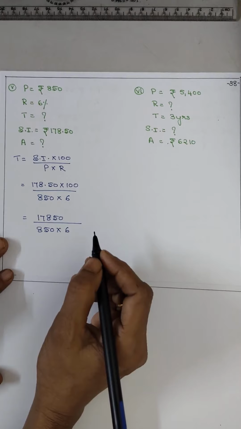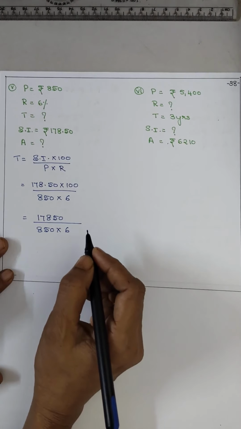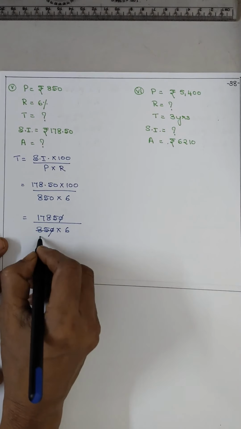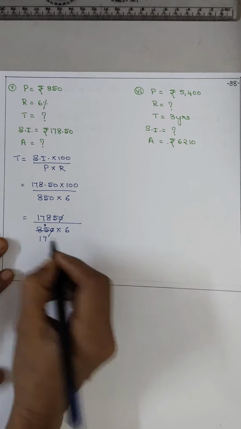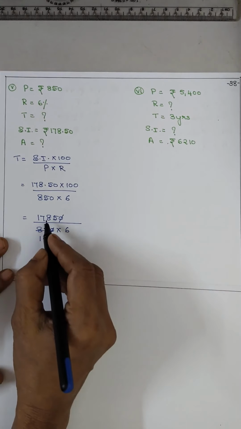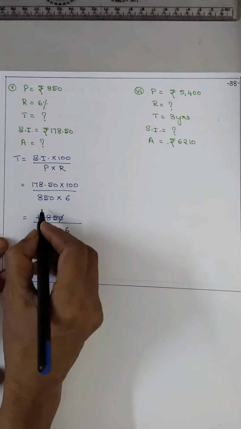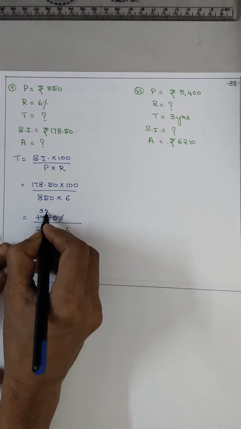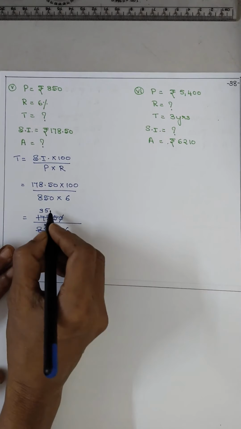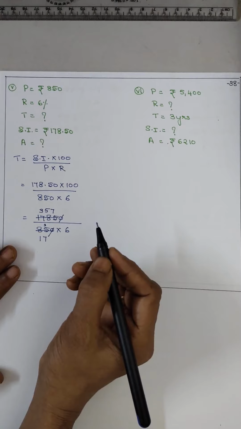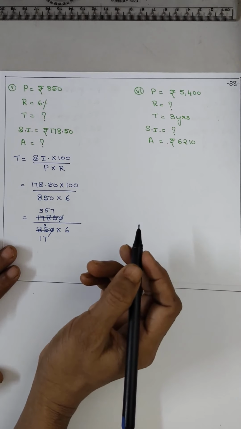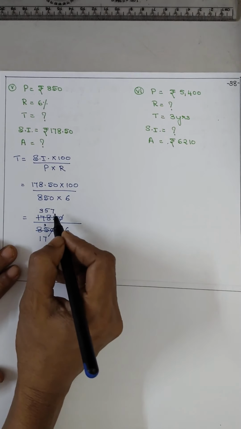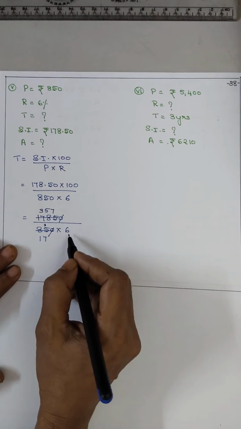Now this is a 0 0 cut. In the table of 5, 5 1s are 5, 3 remains, 5 7s are 35. Now here, 5 3s are 15, 2 remains, 5 5s are 25, 3 remains, 7s are 35. Okay. Now it is 357. So check for 3.